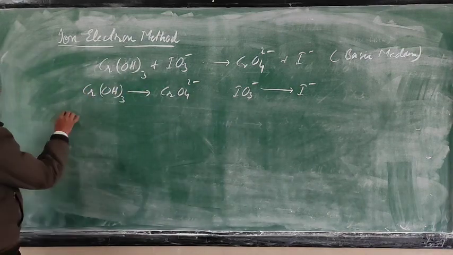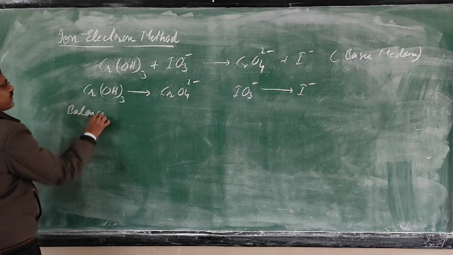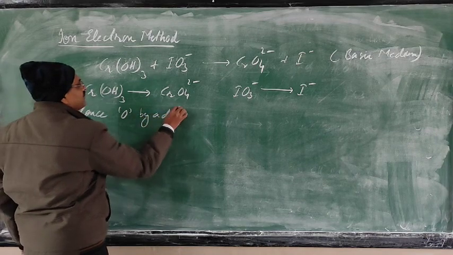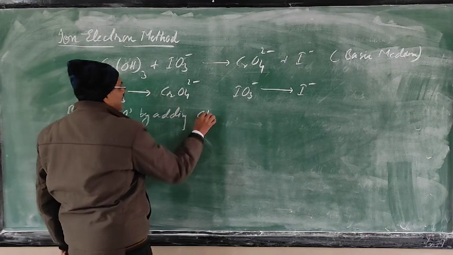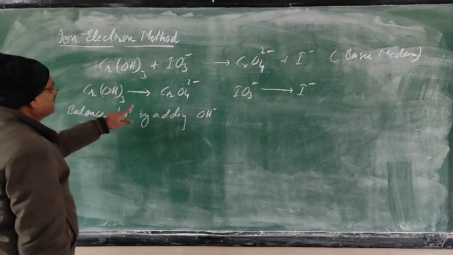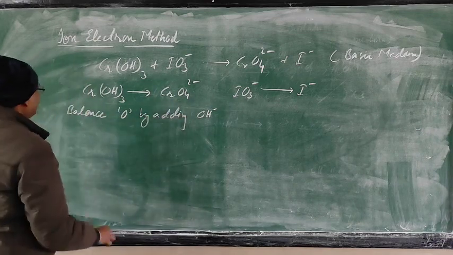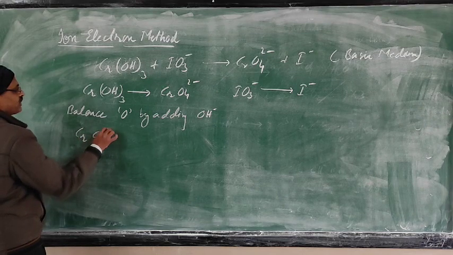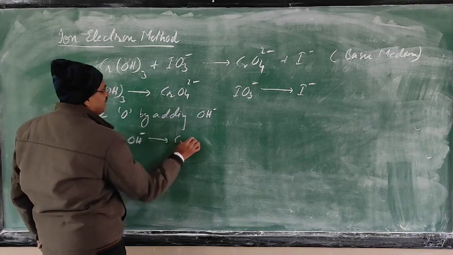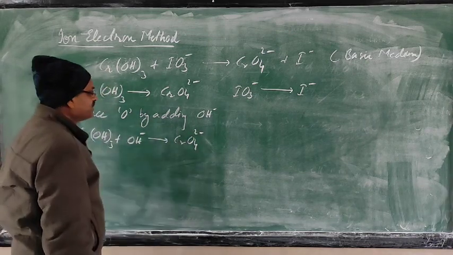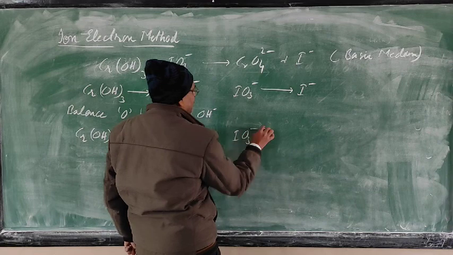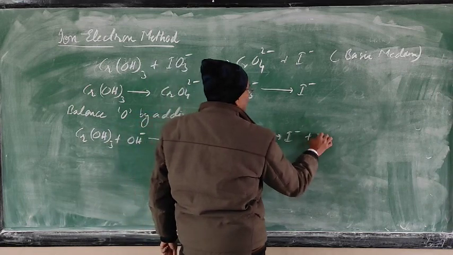It is in basic medium, so balance oxygen by adding hydroxyl. Here there are 3 oxygens and there are 4, so you can add 1 hydroxyl ion on this side. On the other side, IO3 has 3 oxygens and there are none, so you can add 3 hydroxyl ions.